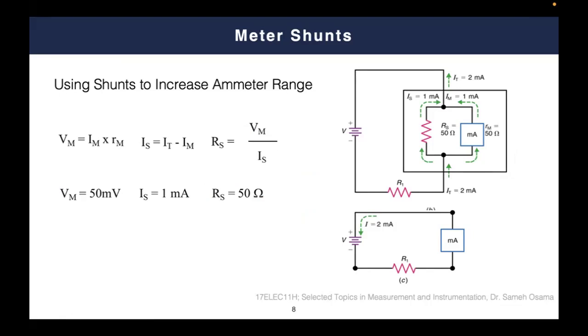So whenever you are adding the resistance in series, ideally, you are seeking a zero resistance. So the lower the equivalent resistance of your ammeter, the better the performance. And this is important as well.